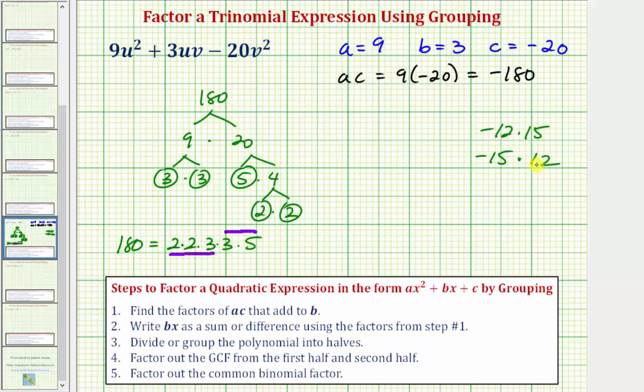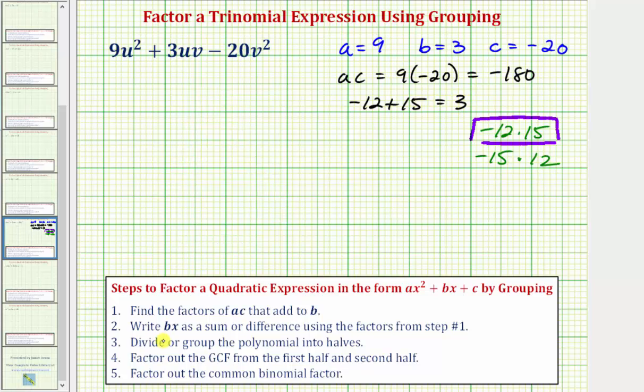Again, we're looking for two numbers that multiply and give us negative 180 and add to 3. And therefore, the factors we need are negative 12 and positive 15 because we know the product is negative 180 and the sum of negative 12 and 15 is B, or positive 3.